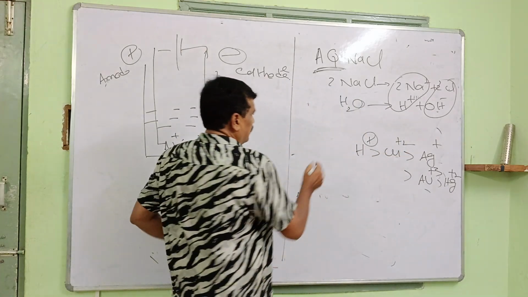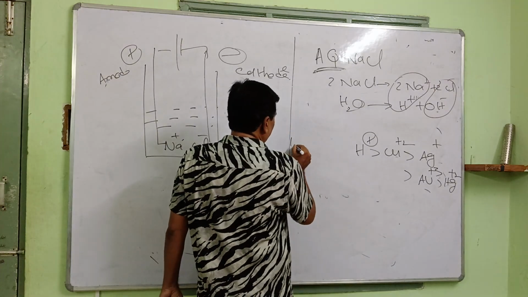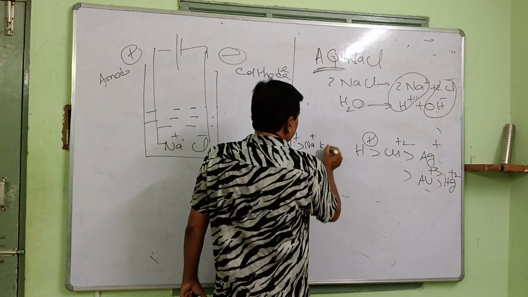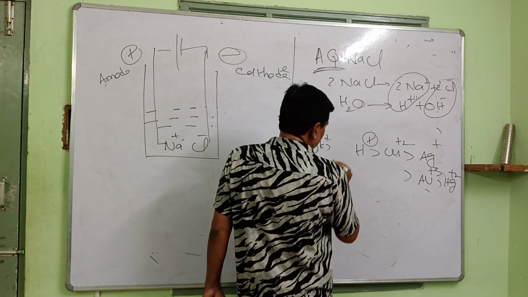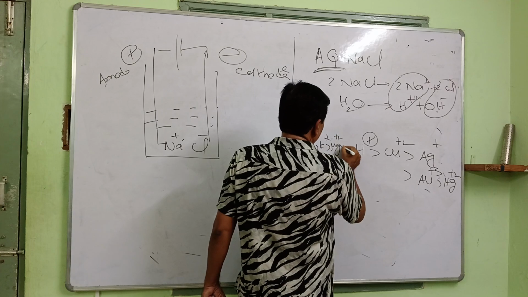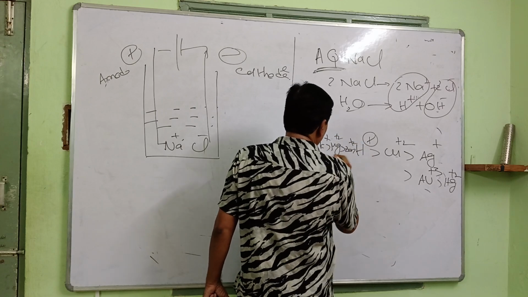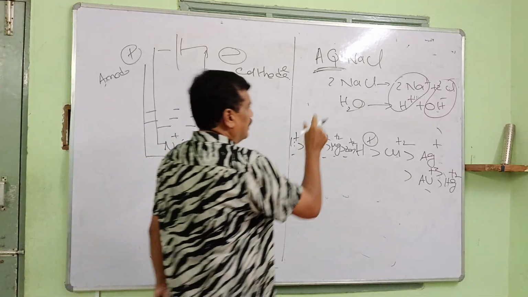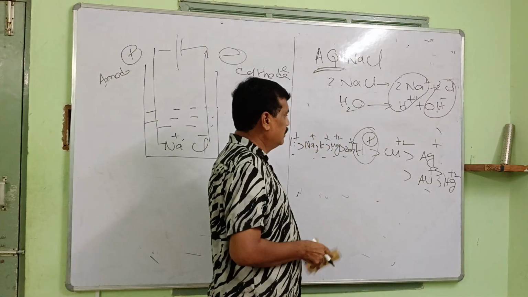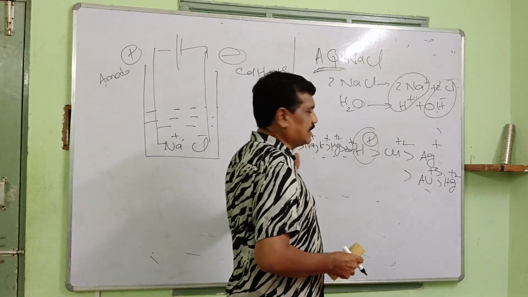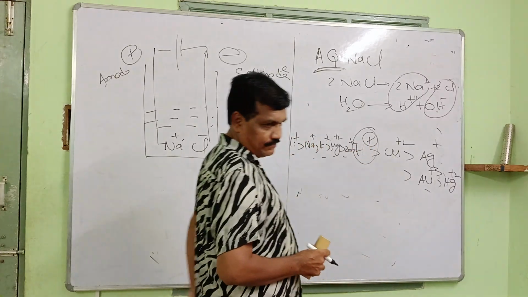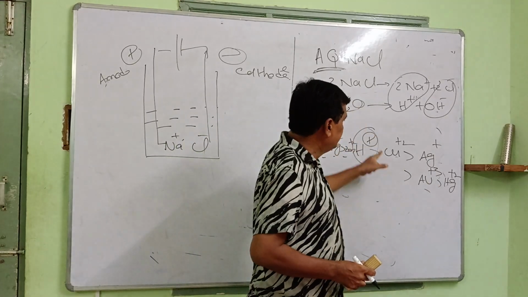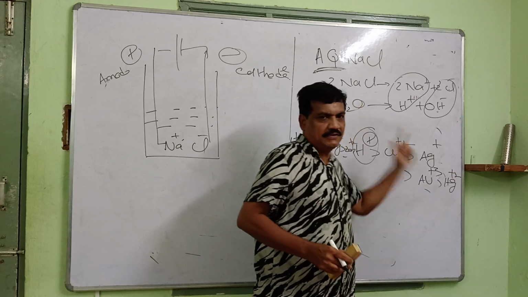Above hydrogen are all first group elements, for example Li+, Na+, K+, then Mg2+, Zn2+, and so on. So many ions are there, but we remember very simply: if the ion is above H+, hydrogen will be deposited. If the ion is below H+, any of the 4 ions will be deposited.